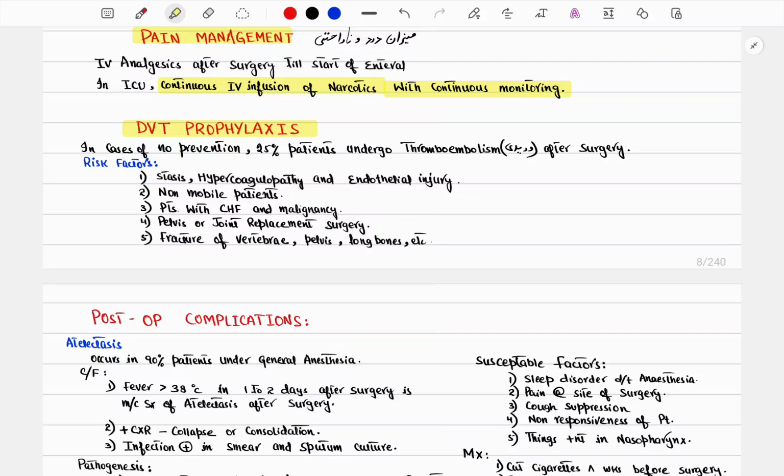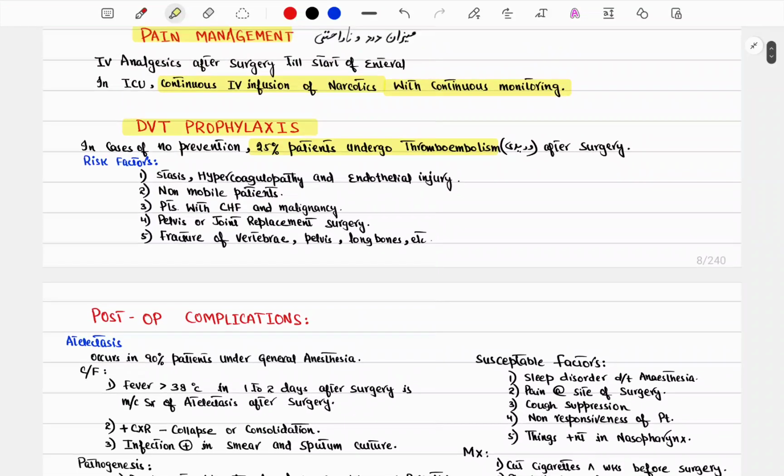Okay. Now another thing is how we prevent DVT. We know that surgical patients are at risk of developing DVTs. So DVT prophylaxis. Venous thromboembolism: if there is no prevention after the surgery, 25% develop thromboembolism.